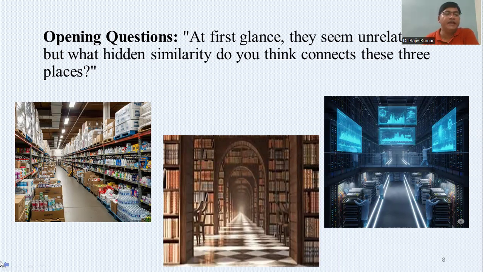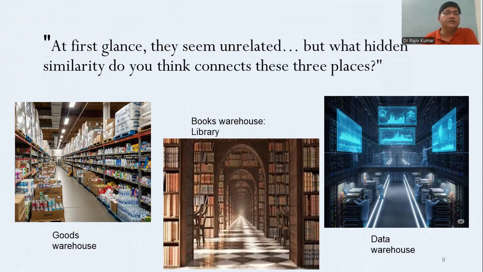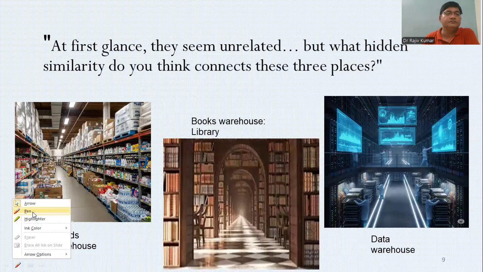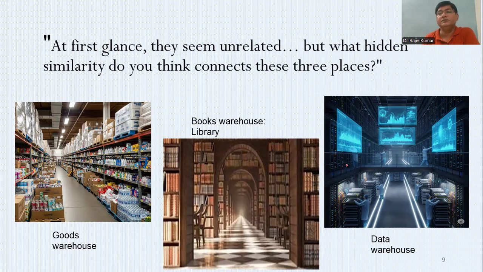Can you see these three diagrams? This is the first diagram, this is the second diagram, and this is the third diagram. What is the similarity between these three diagrams? So this is a wood warehouse, and this is a book warehouse like a library, and this is a data warehouse where data is stored.